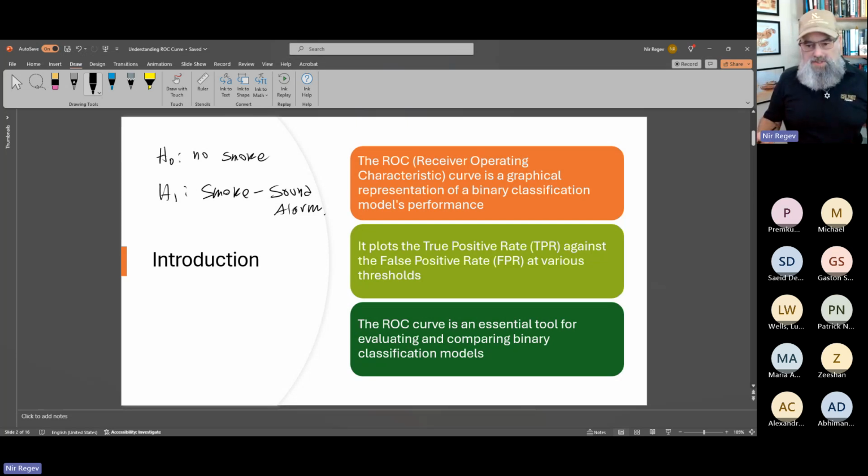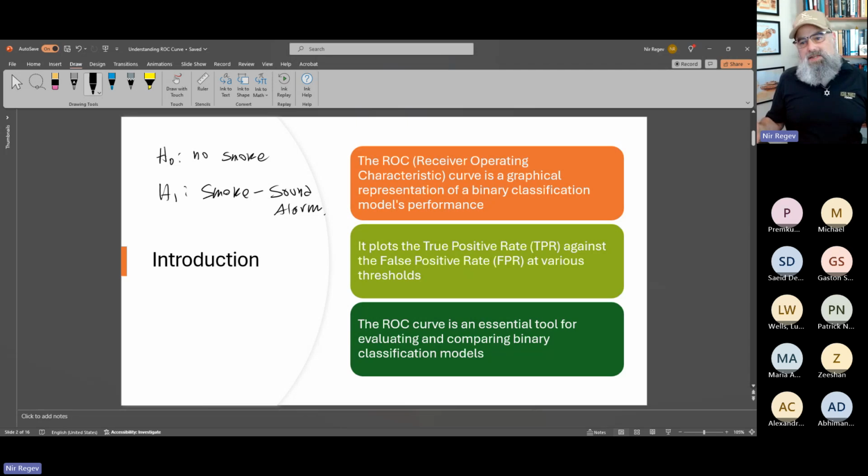The other error that we suffer from is what we call the misdetection, when there is a fire or smoke and we don't report it, we don't sound the alarm, right? So these are the two types of error that we see in binary classification and throughout classification theory.